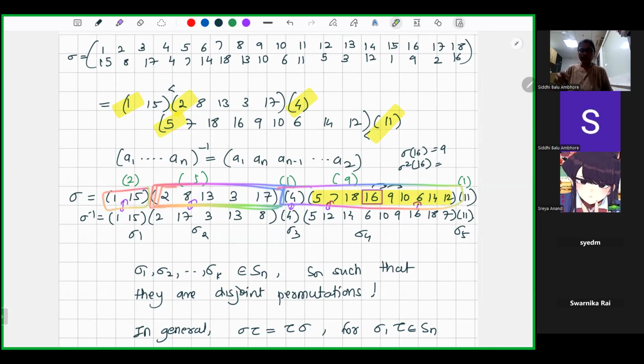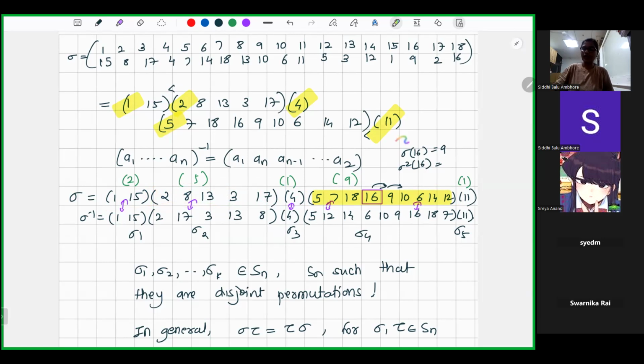Whenever I take a power, this 2 will take its image from these 5 elements only under sigma. It won't go to any other element. So it's as good as checking what the power of each cycle looks like, and then taking the product.